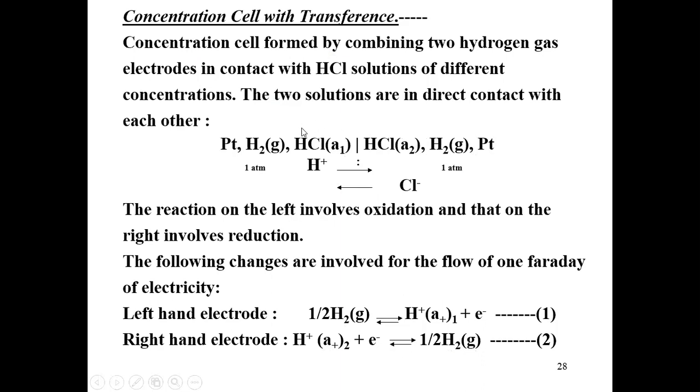On the left hand side, oxidation occurs and hydrogen is oxidized to give H ion with the activity of A1, right? One electron oxidation takes place, and both of these differ in the H ion concentration.